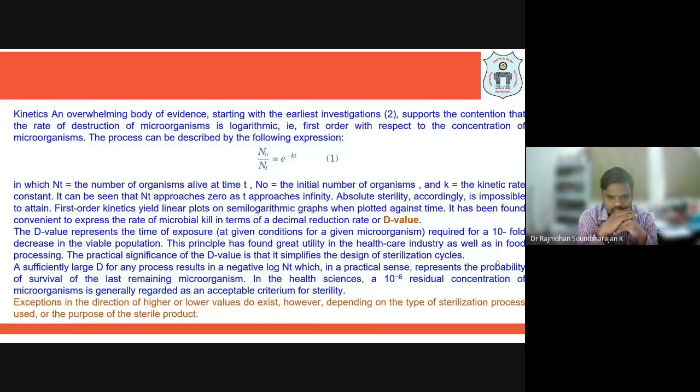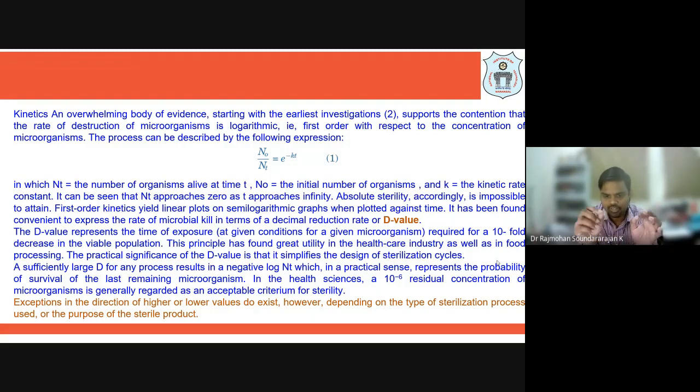Once we know the D value, we may have a sufficiently large D value for any process, which will result in a negative log of N_t. So in a practical sense, what does it represent? It represents the probability of survival of the last remaining microorganism. In the health sciences, a 10^-6 residual concentration of microorganisms is generally regarded as the acceptable criterion for sterility.